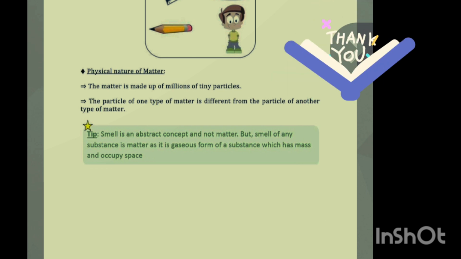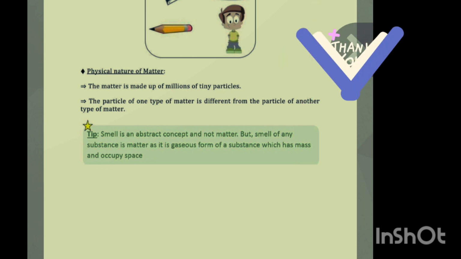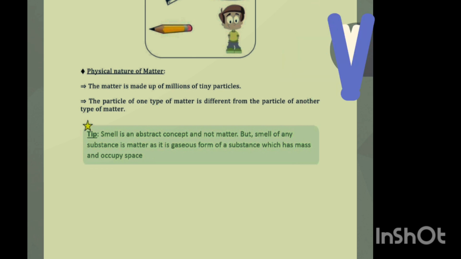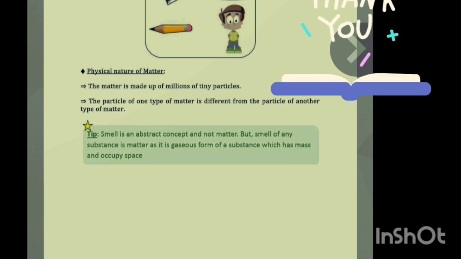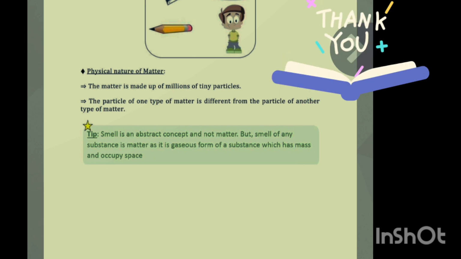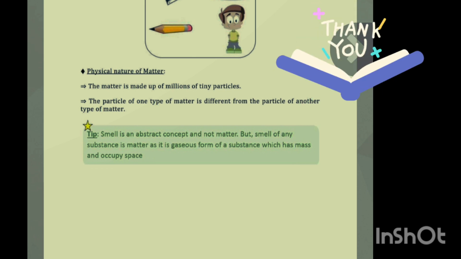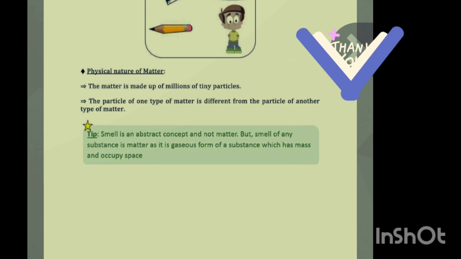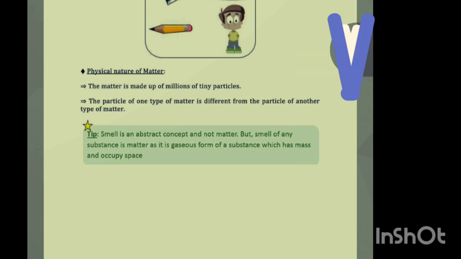There is one small tip given here. What is it? Smell is an abstract concept and not matter, but the smell of any substance is matter in gaseous form, which has mass and can occupy space. So what is smell? Smell is an abstract concept. You know what is abstract?